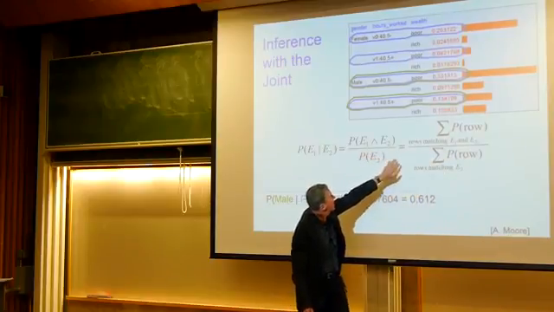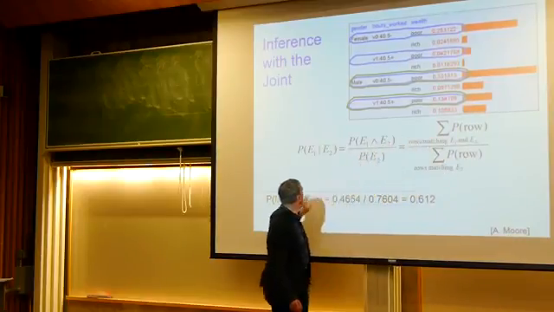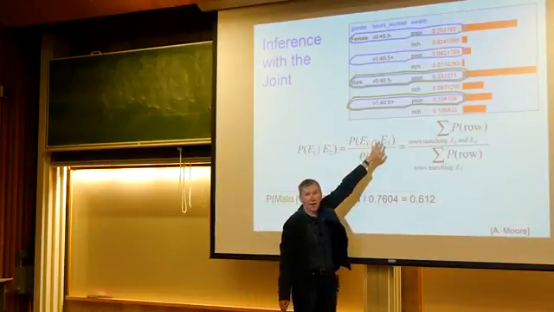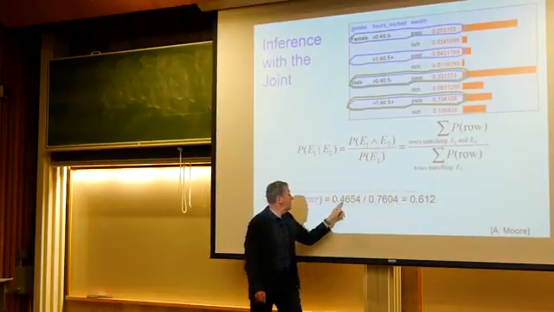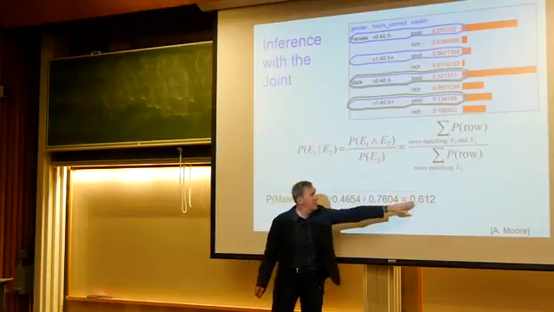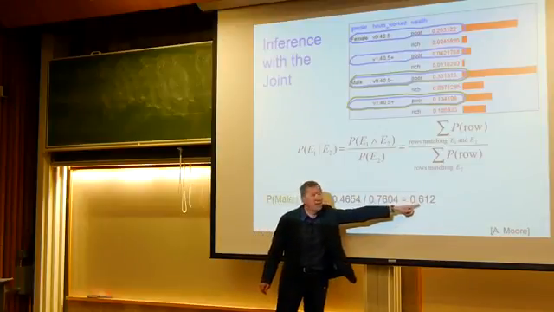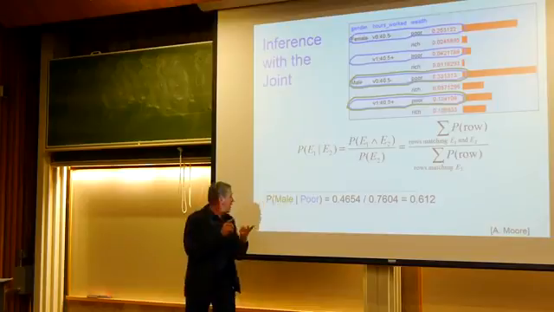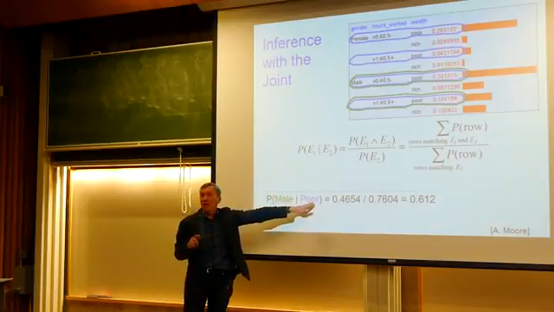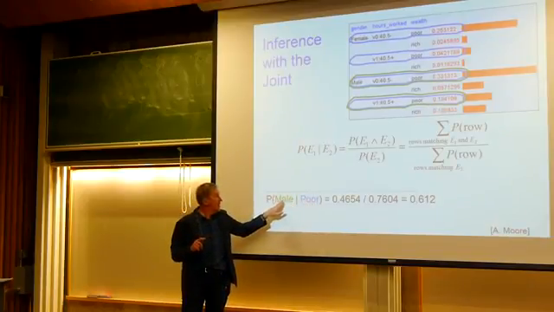That's our denominator. And then sum up all the rows that match both male and poor. That's our numerator. And then there are the 2 numbers, and there's the ratio. So that's the conditional probability that, given poor equals true, male will be true.